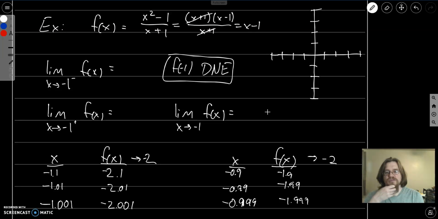Now, I still can't plug negative 1 into this function because this was the function. This isn't. This is sort of the simplified one. But even if this is simplified, if I plug in any number that's not negative 1, I can plug it into here. So this function actually looks exactly like x minus 1, for x not equal to negative 1.